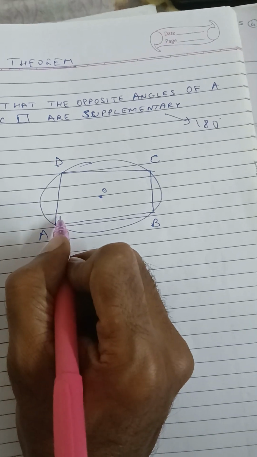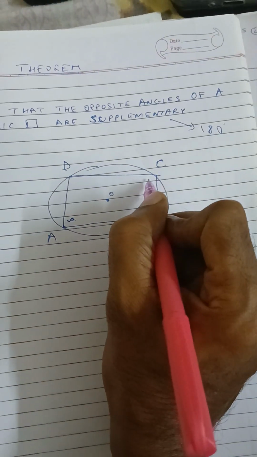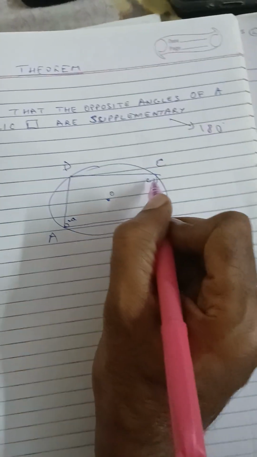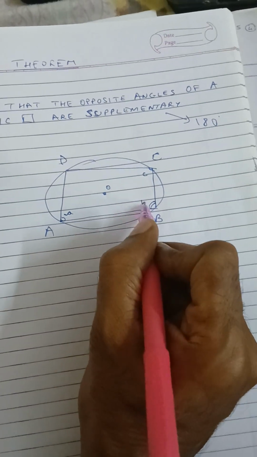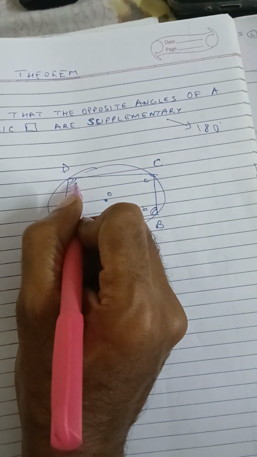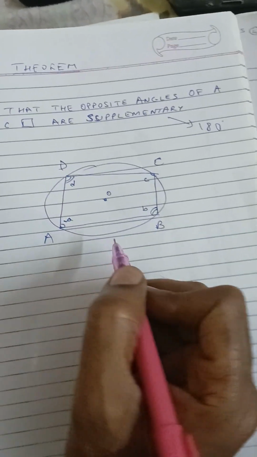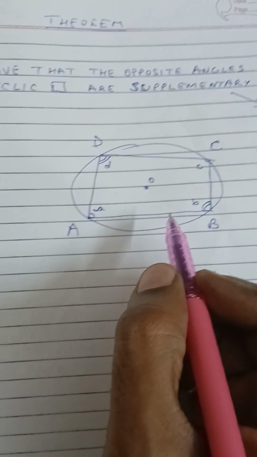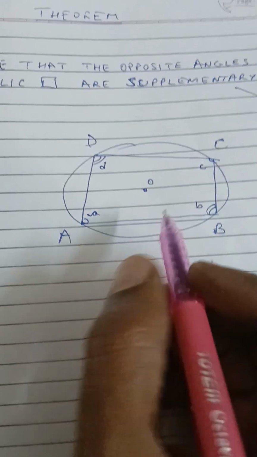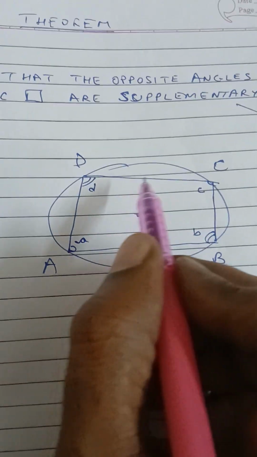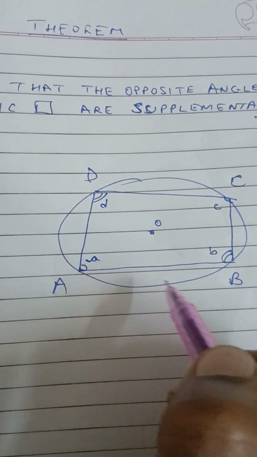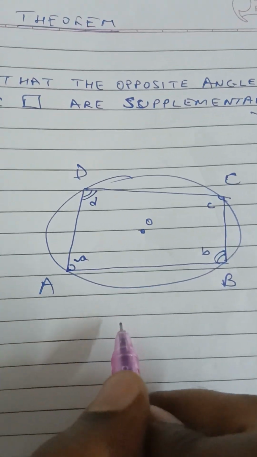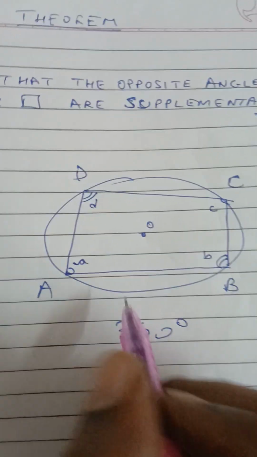I have to show angle A plus angle C is 180 and angle B plus angle D is 180 degrees. Now very first we should know the measure of the arc of a circle is 360 degrees.